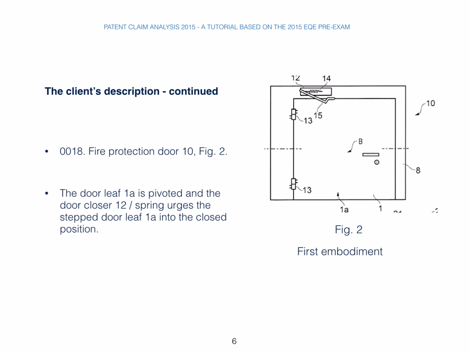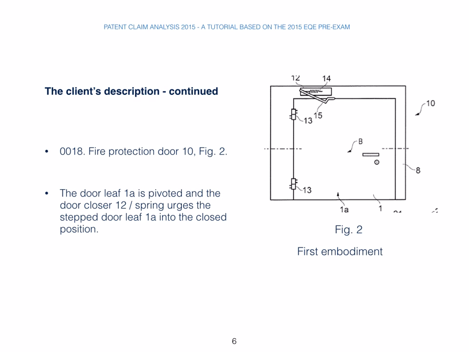You can see the hinges 13 about which the door pivots. It says in paragraph 18 that the door leaf is pivoted and the door closer 12, which is the thing at the top, urges the stepped door leaf into the closed position, which seems to be important for fire protection doors.